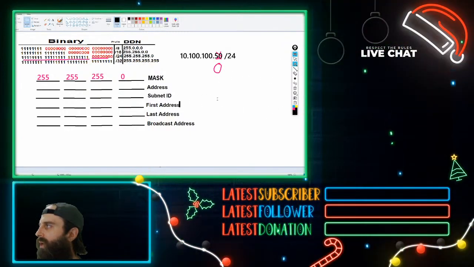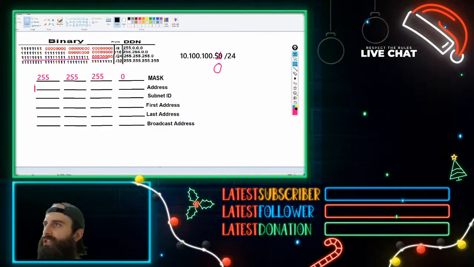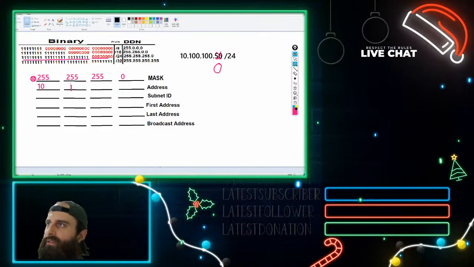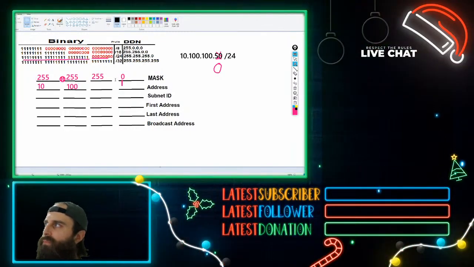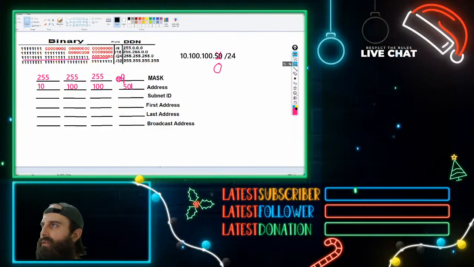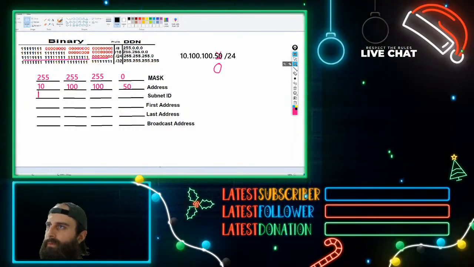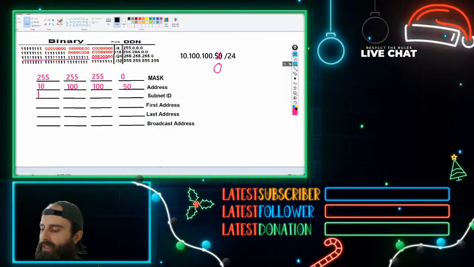Okay, so let's come back over here now, and let's write our subnet ID. So we got 10, 100, 100, and we're just gonna put 50 here. Now what's gonna happen is that since there's a 0 there, this now is gonna become a 0.